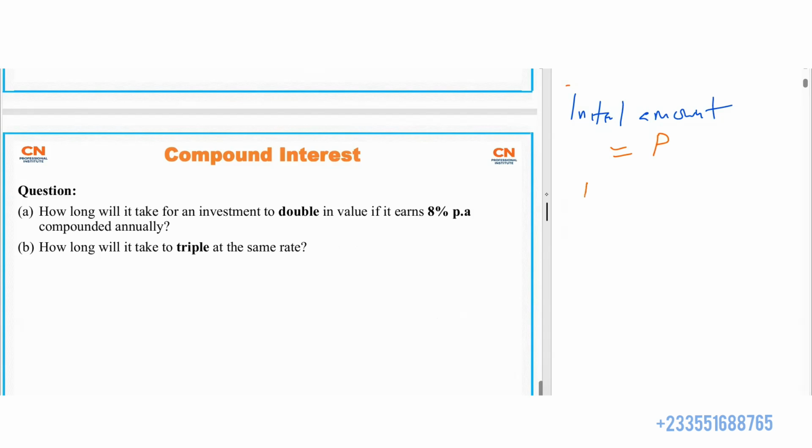Then your interest rate is 8%, which is in the question, and 8% is the same as 0.08.